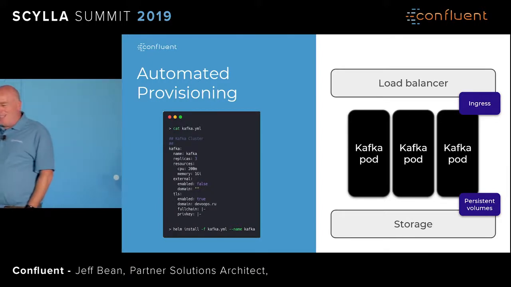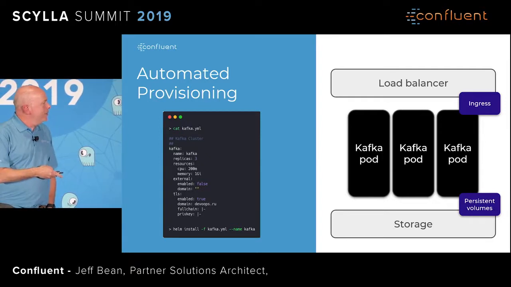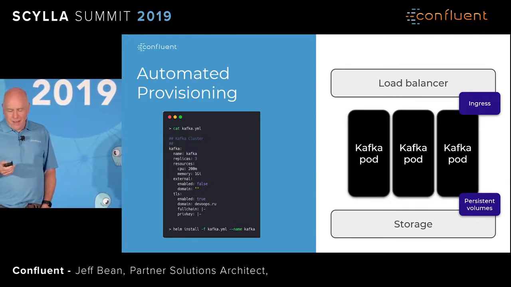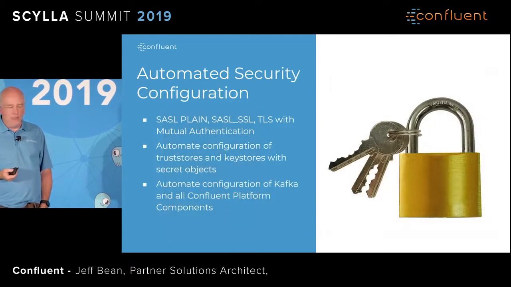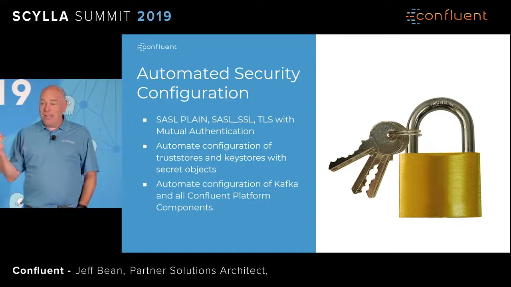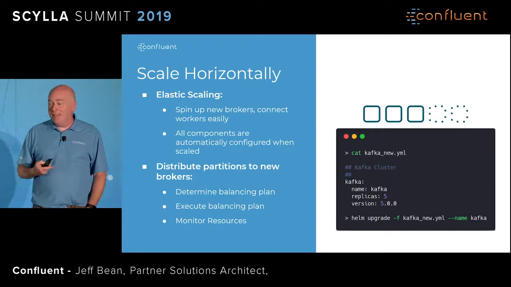But either way, it's fully configuration driven. So this file is basically saying spin up this cluster, right? Give me 3 Kafka pods with a certain CPU and quantity and so on. OK, that's fine. So I can provision a cluster. I can make it secure. We can support SASL, TLS, automated configuration with trust stores, and so on. But I can also scale elastically.